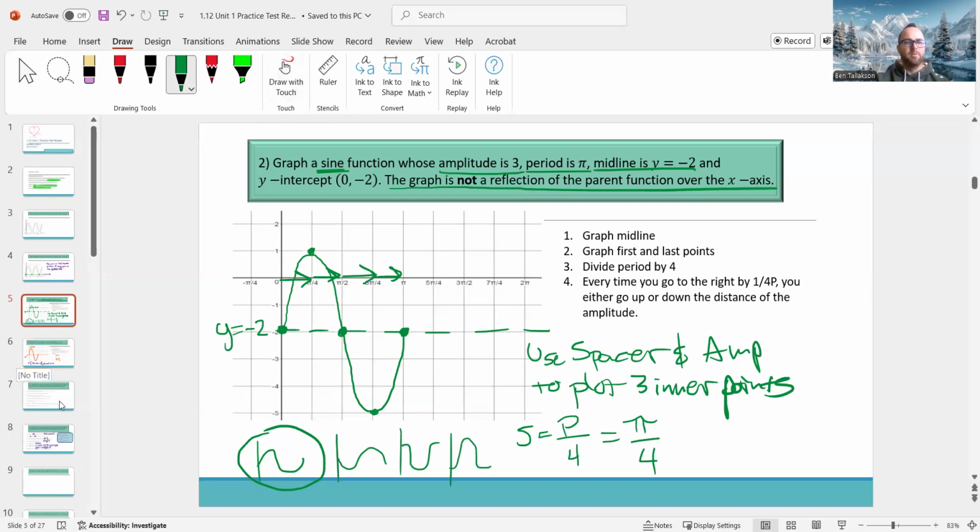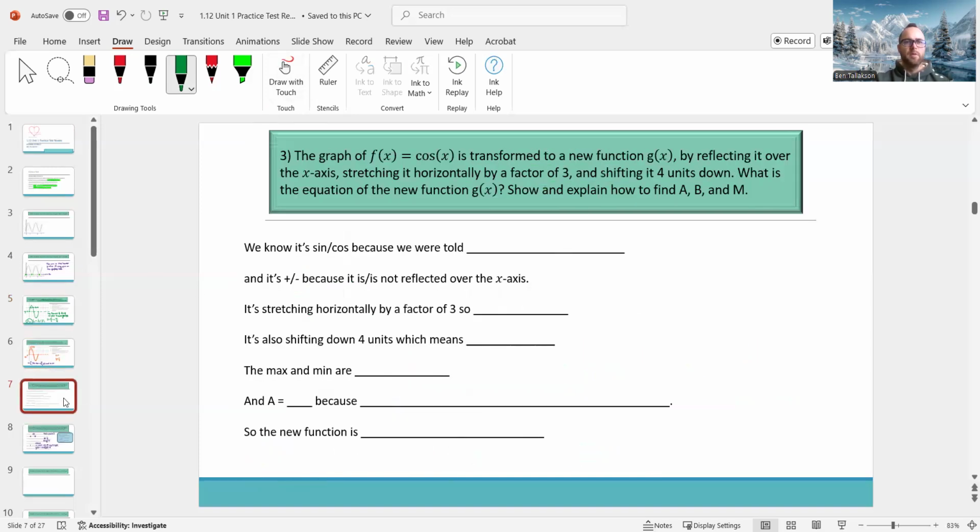Let's continue. The graph of f of x equals cosine of x. So this is the parent cosine function. And they're telling us it's transformed to a new function we're going to call g of x by reflecting it over the x-axis, stretching it horizontally by a factor of 3, and shifting it 4 units down.